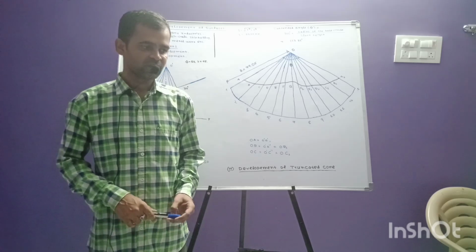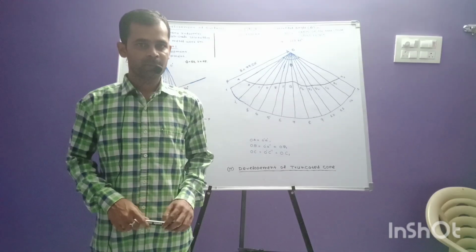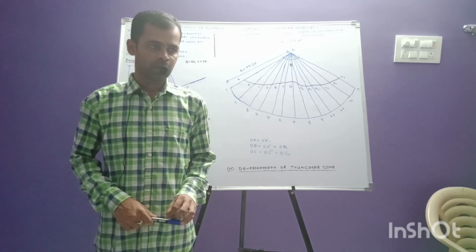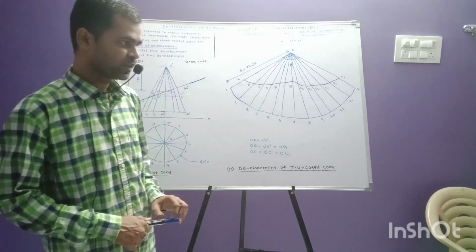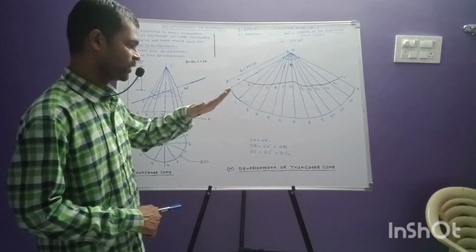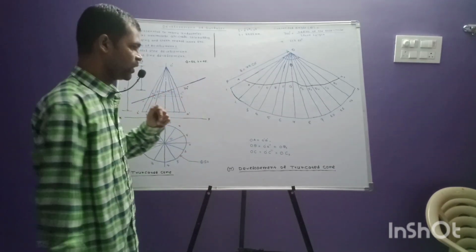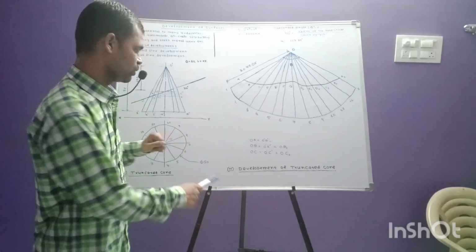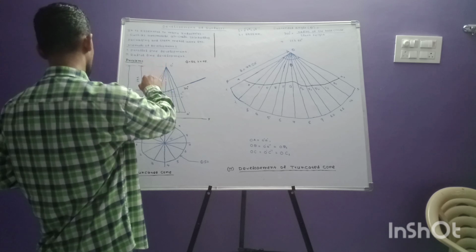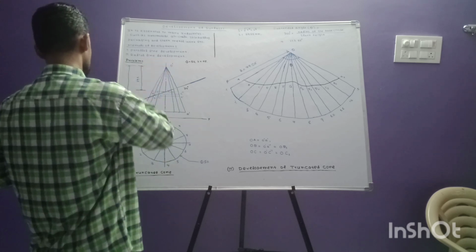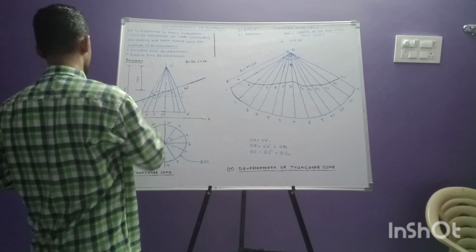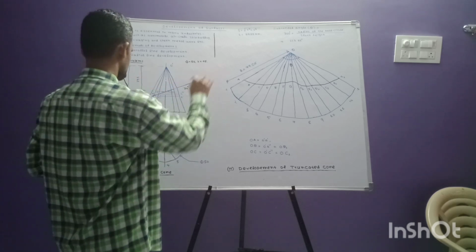The solid's base is parallel to HP, and the section plane is cutting the solid at the midpoint of the solid, making an inclination of 30 degrees with the horizontal plane. So this is the diagram. We have taken 37.5 from the apex, so middle half of this height distance, and we have taken a section here.